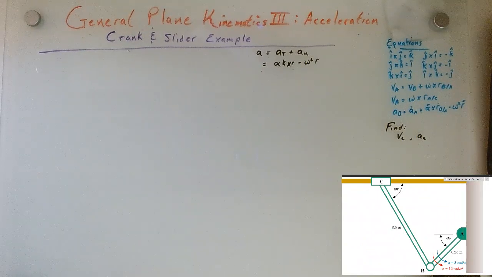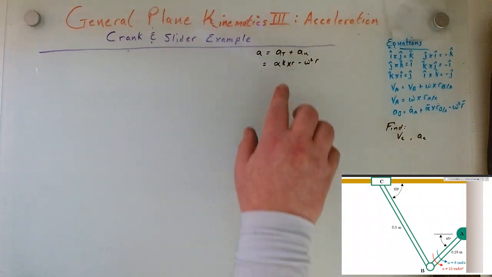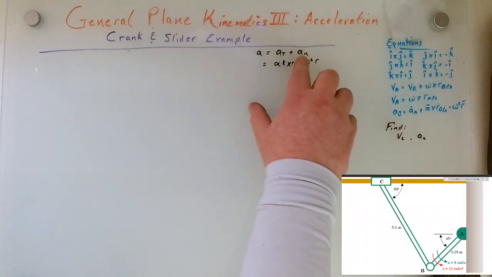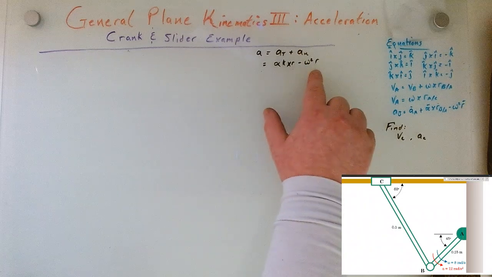I brought with me a reminder that the acceleration about a fixed axis is a sub t plus a sub n, and those relationships are given here.